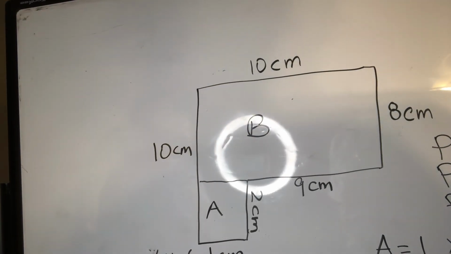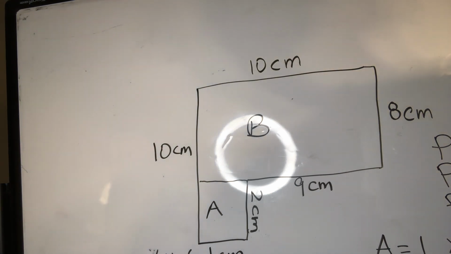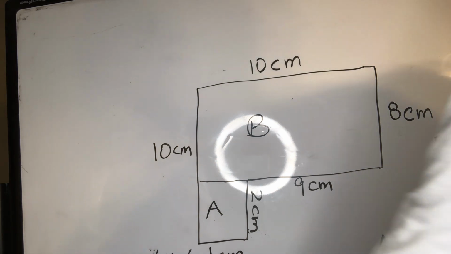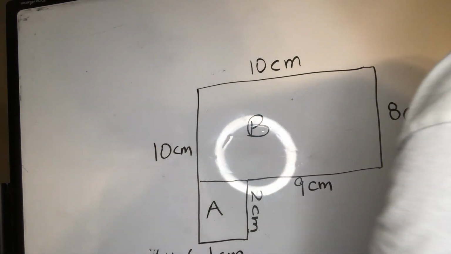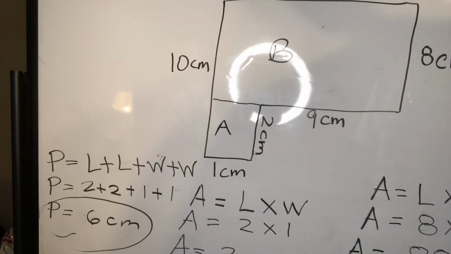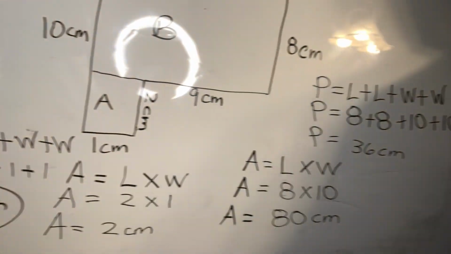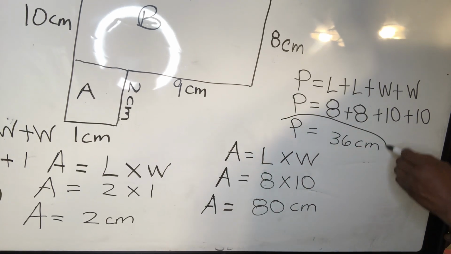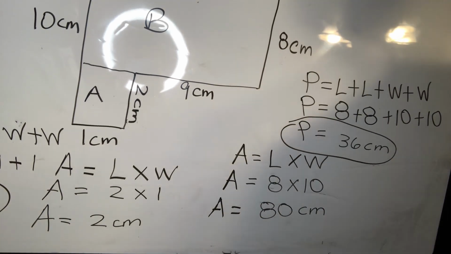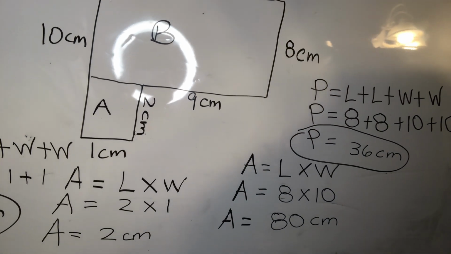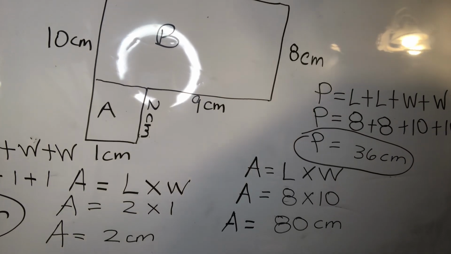All right, so now that we have our perimeters for both parts of our shape, we're going to add those together. Our first shape had a perimeter of 6 centimeters, and our other shape had a perimeter of 36. We're going to add those two together so we can get a total perimeter.